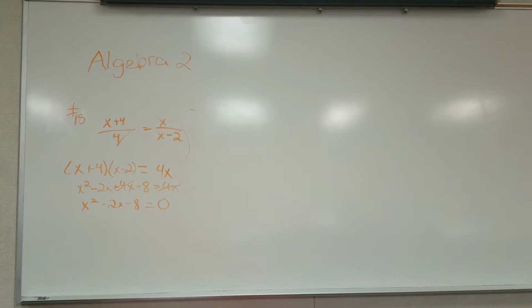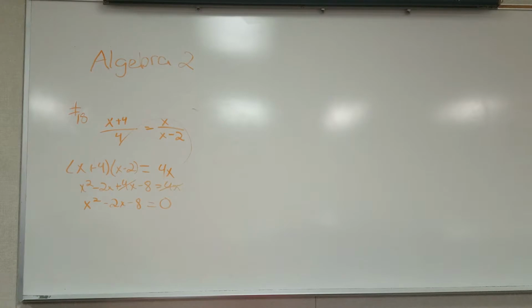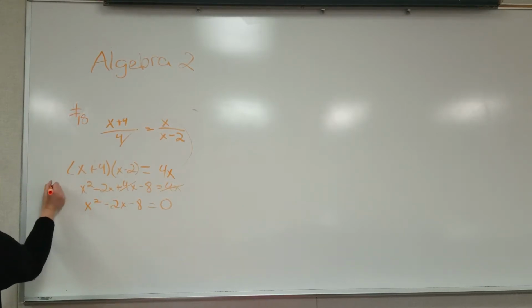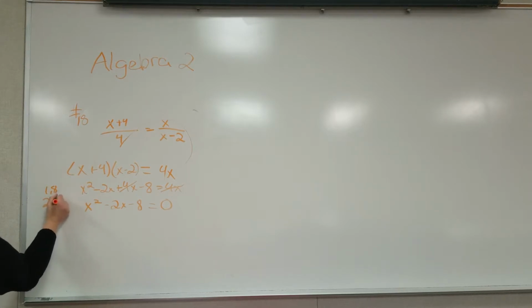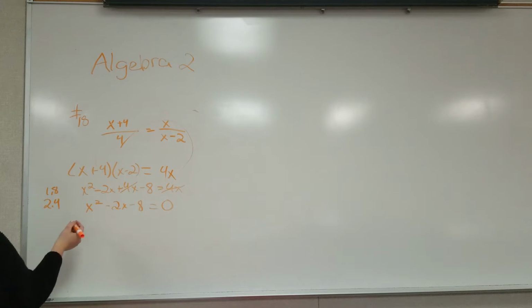Now it's in standard or general form, general quadratic form. So we need to solve it. Now there's no coefficient right here, so I'm pretty sure this will be pretty simple to solve by factoring, because your factors of 8 are 1 and 8 and 2 and 4, and 4 minus 2 is 2. So this should work.